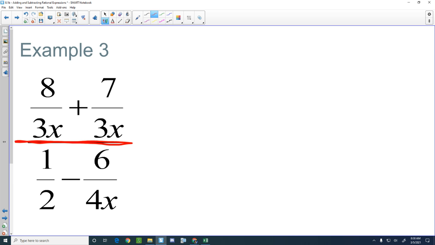Is it easier to see it on this screen? That's awesome. And then since this has an x on the bottom, and this one doesn't, I want to make sure that you multiply the top and bottom by an x also, because you need both those denominators to be the same.